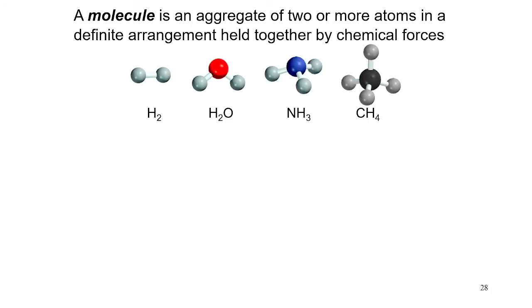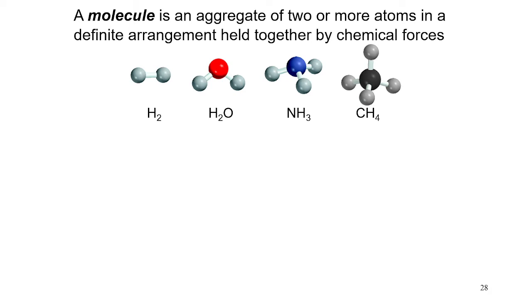We have molecules that have the same elements. Here we have hydrogen gas. Also, it can be an aggregate or a combination of different atoms. Like for example, we have here water, which is an aggregate of two hydrogen atoms and one oxygen atom.